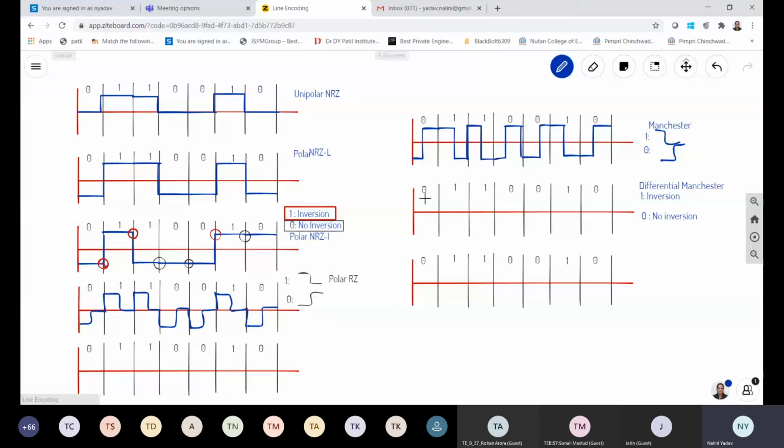Correct? So we will be going for now 0. So 0, how am I supposed to represent 0? Say 0, whatever notations I have decided for the Manchester, I will be following the same notations here. So when I take the first bit, I don't have to actually follow the notations. I have to just start with something. Correct?